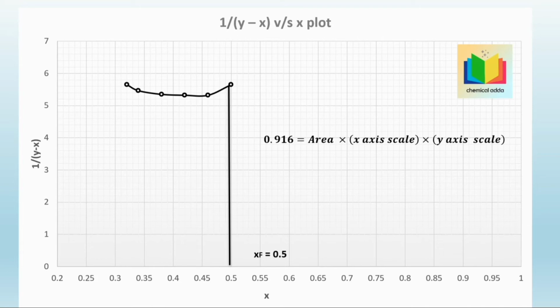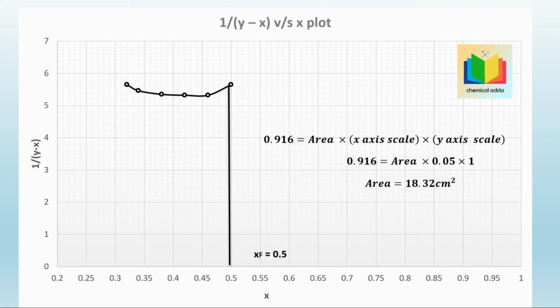In this graph, we take a scale of 0.05 on the x-axis and 1 on the y-axis. So the equation becomes 0.916 is equal to area into 0.05 into 1. So we get the area is equal to 18.32 centimeters square.